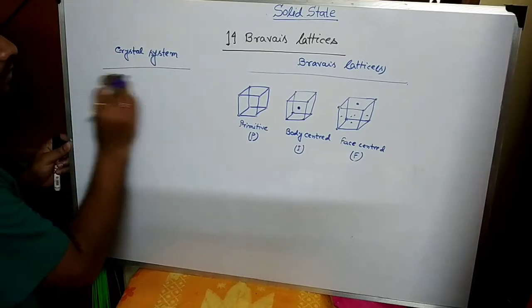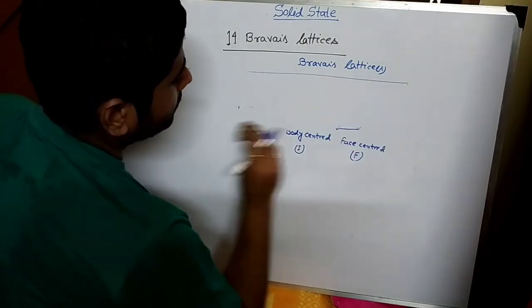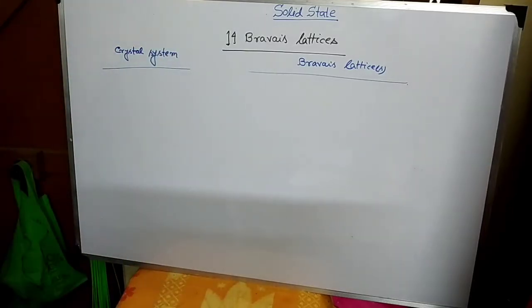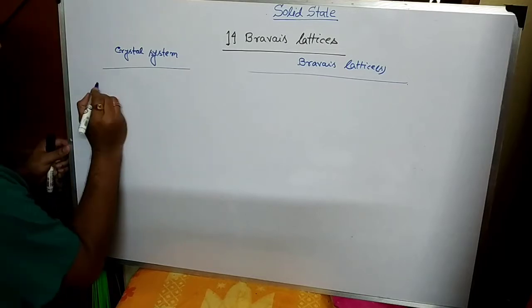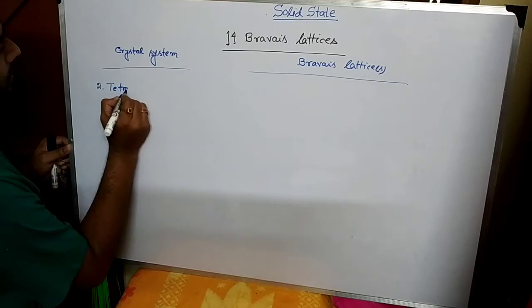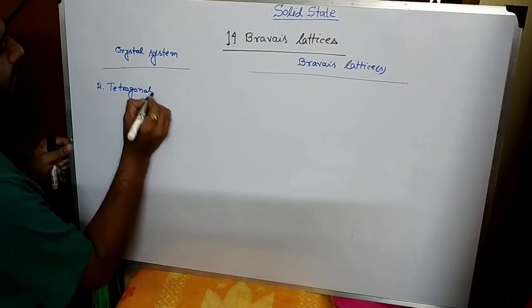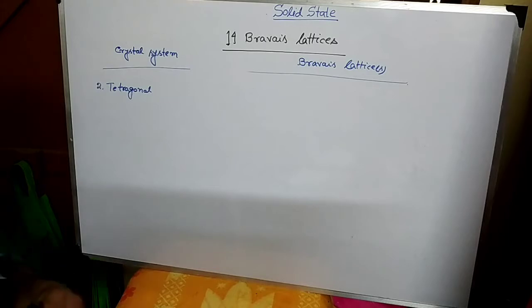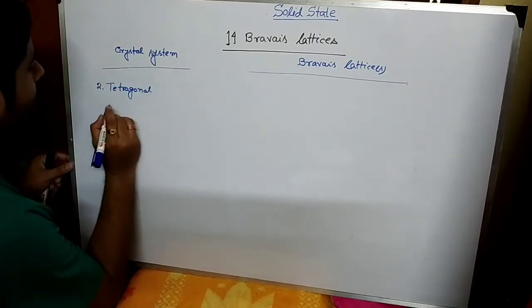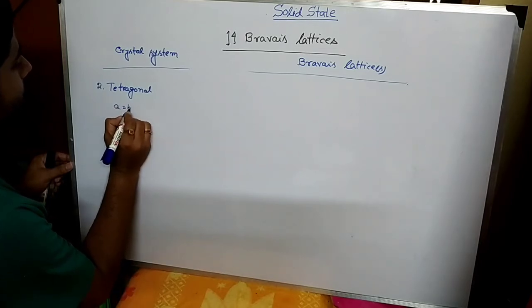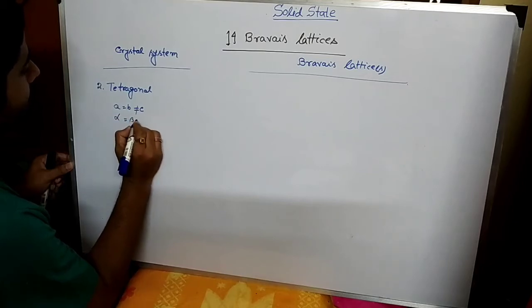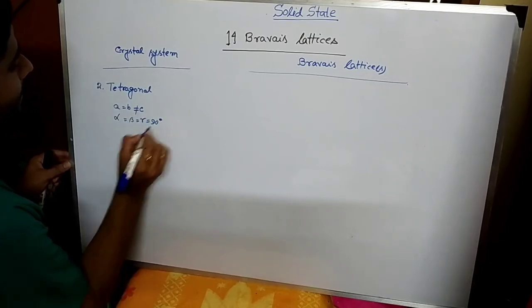Now, for the tetragonal system, the second is the tetragonal crystal system. For tetragonal, the conditions are A equals B not equal to C, alpha equals beta equals gamma equals 90 degree.